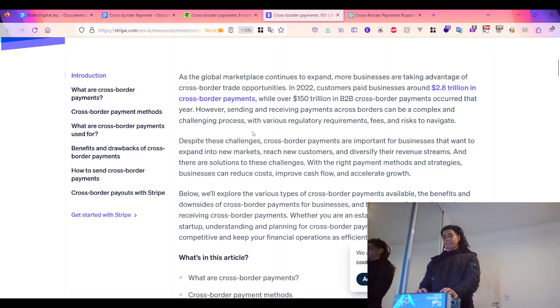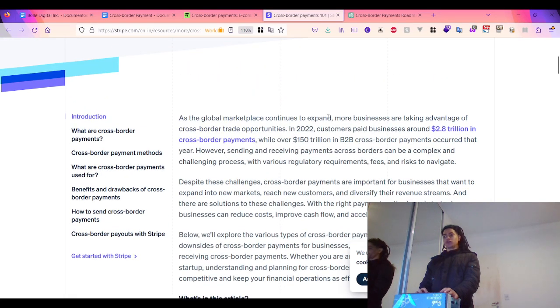As the global market continues to expand, which it will, more businesses are taking advantage of cross-border trade opportunities. I'm one of them. In 2022, customers paid businesses around 2.8 trillion in cross-border payments, while over 150 trillion in business-to-business cross-border payments occurred that year.